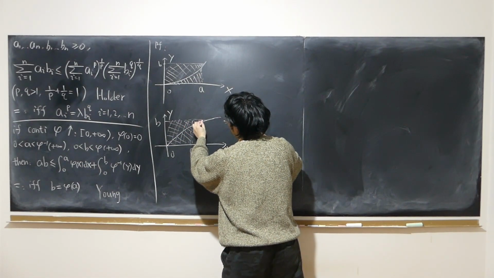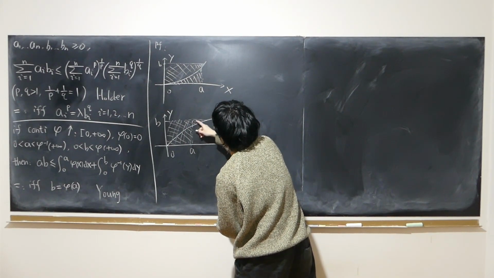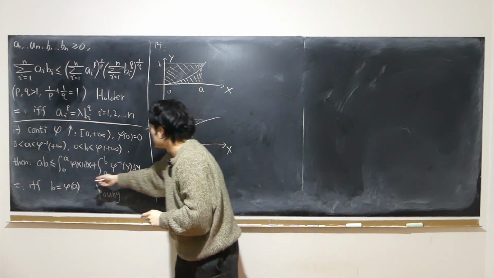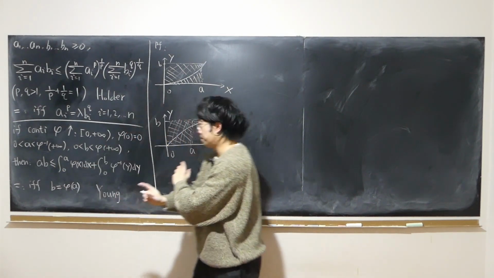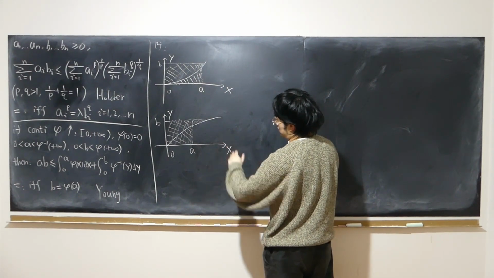Again, it's because we have this little bit of extra area that makes the right-hand side bigger than the left-hand side. I'll just skip over the rigorous proof because it's easy to verify.